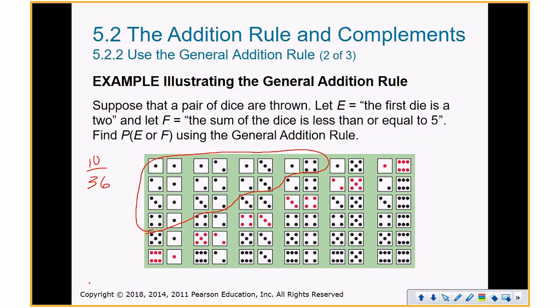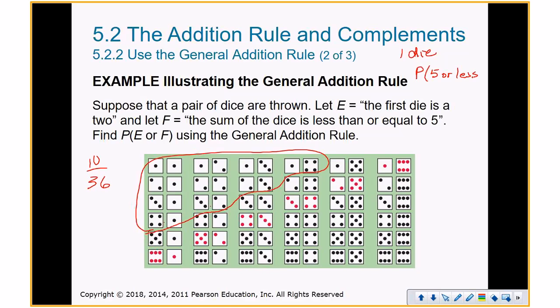I thought they were asking about one die. If it was one die, what's 5 or less? Well, it's the complement of 6. Think about it. The complement of 6 is what? 5 or less. So if I ask for one die, what is the probability of 5 or less?